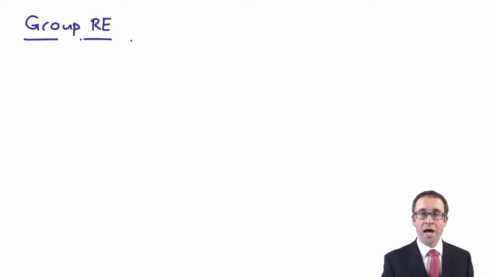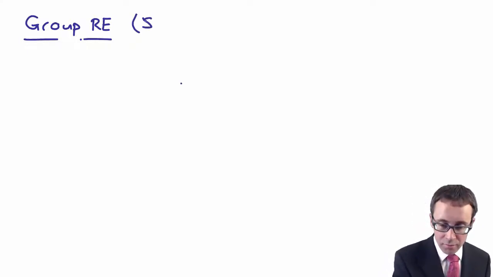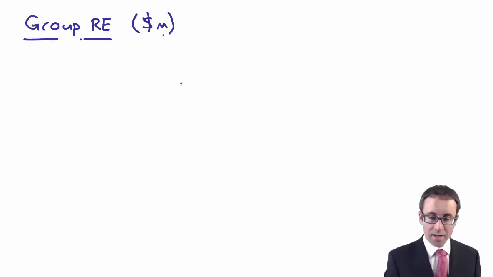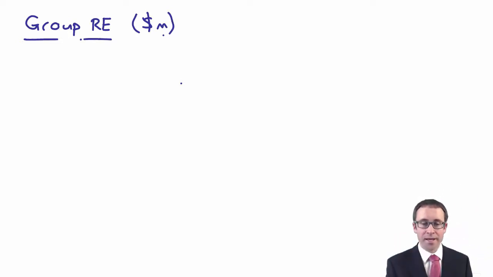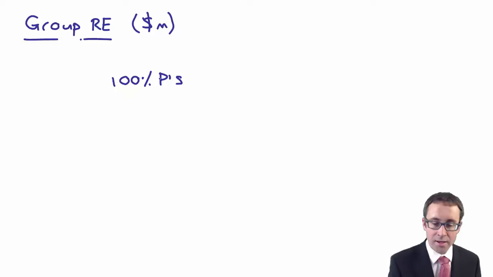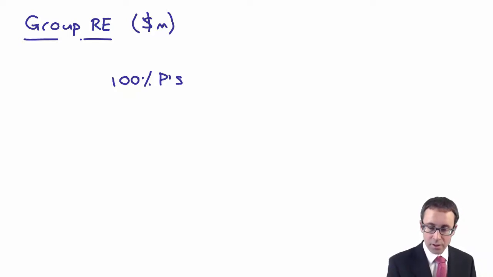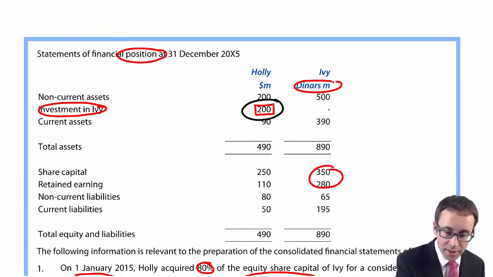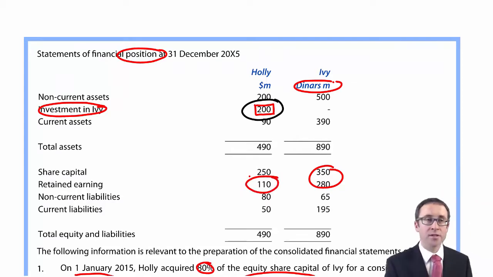We then go through there and look at the group retained earnings. Remember, now we work this in the presentation currency of the group. So that's there in your millions of dollars. Okay. So here we put in 100% of P's retained earnings. So 100% of P's retained earnings is there, isn't it? 110. Okay.